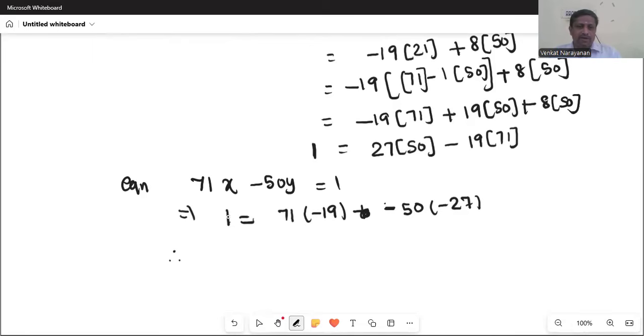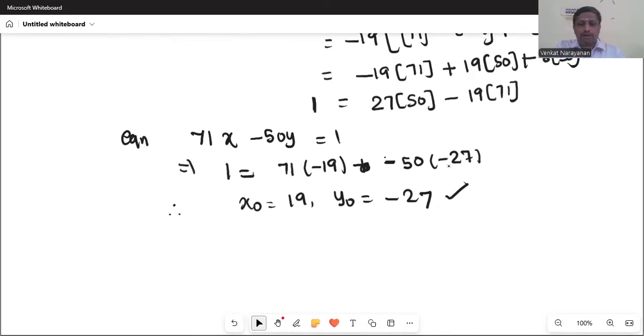Now we compare these two equations. What is the answer? x naught is minus 19 and y naught is minus 27. This is the initial solution for the given problem.